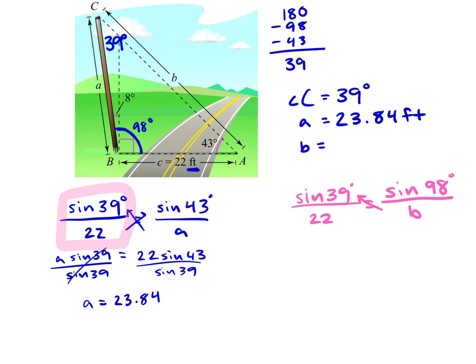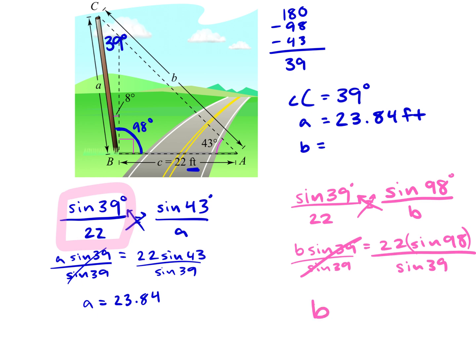So we're going to cross multiply. So B times sine of 39 is equal to 22 times sine of 98. And then we're going to divide that by sine of 39, get the B all by itself. And then we plug it into our calculator.